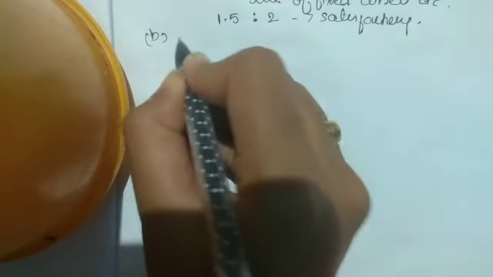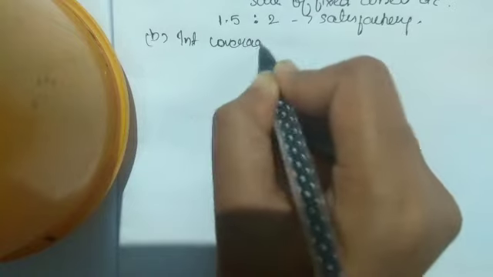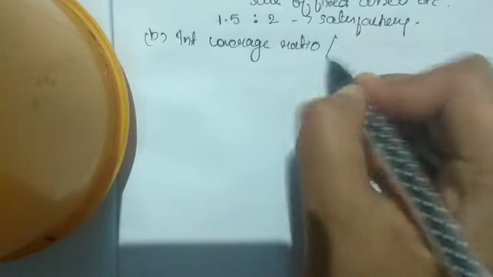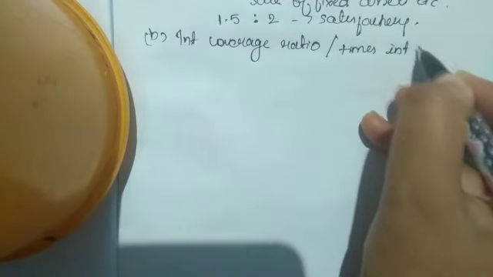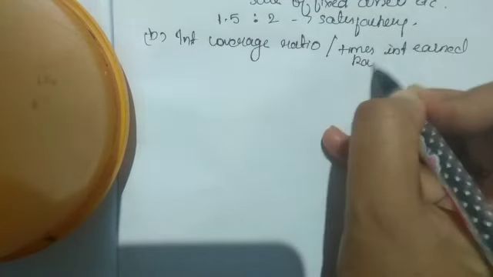The next one is interest coverage ratio. This ratio is also called the times interest earned ratio.